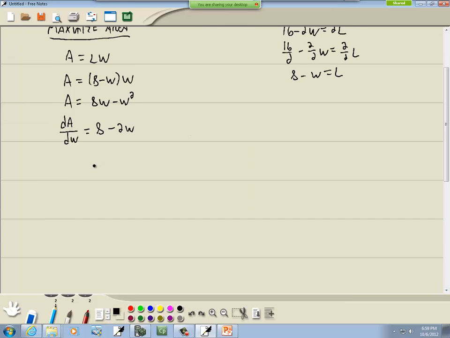Set that equal to 0. So we've got 8 minus 2W is equal to 0. And we want to solve for W. So I take negative 2W to the right side. It becomes a positive 2W. Divide both sides by 2. And we get W is equal to 4.